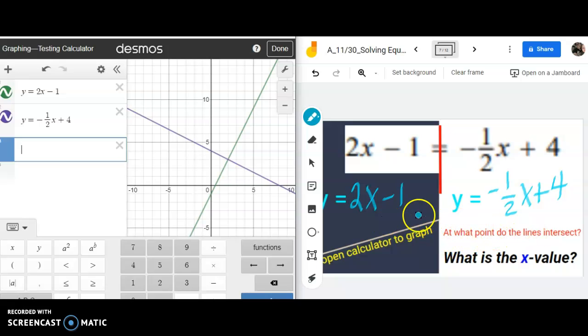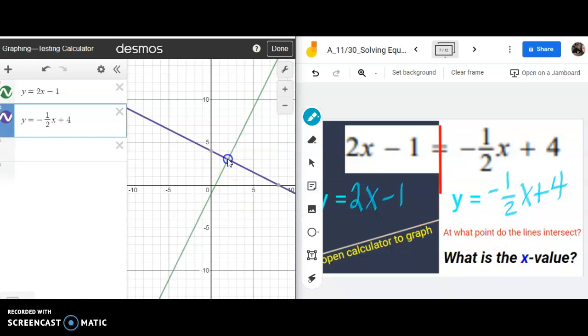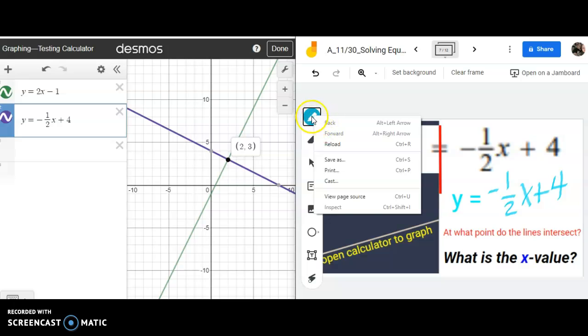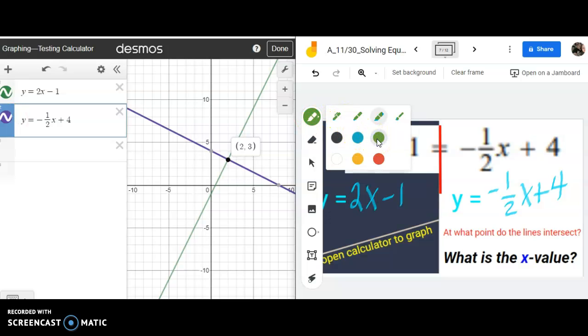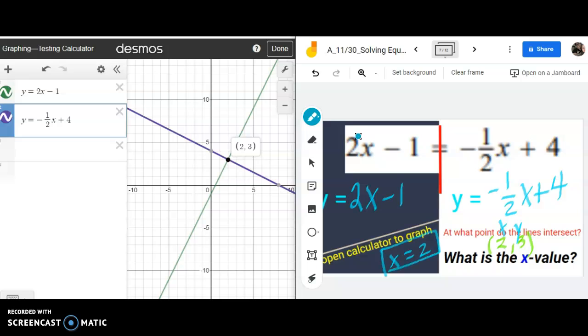You find the point where your lines intersect. If you click it, it gives you the actual coordinates, 2, 3. So that's what I'm going to write here. The lines intersect at 2, 3. What is the x value? Remember it's x, y. So x is equal to 2. And that's our final answer.